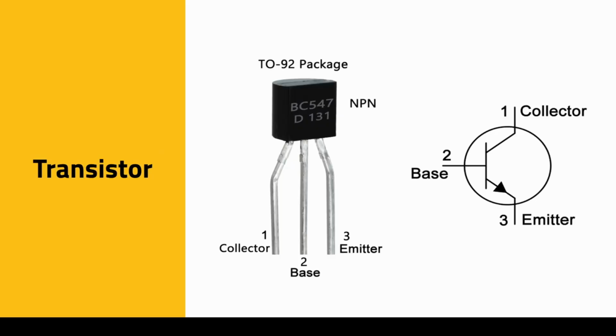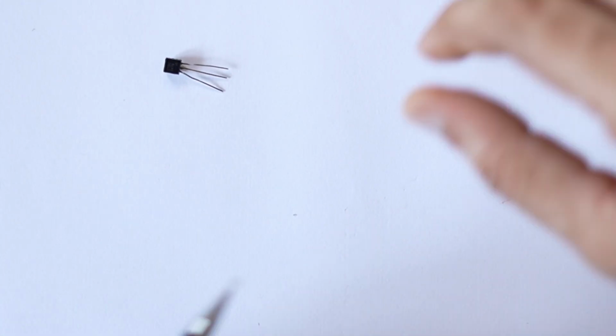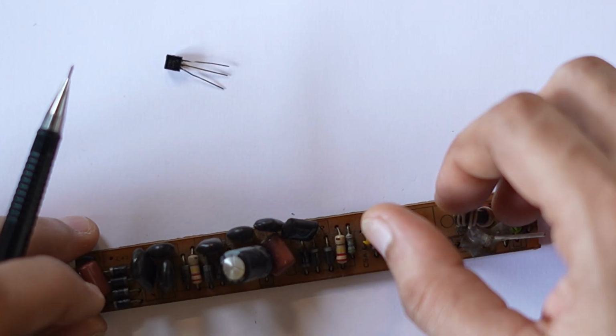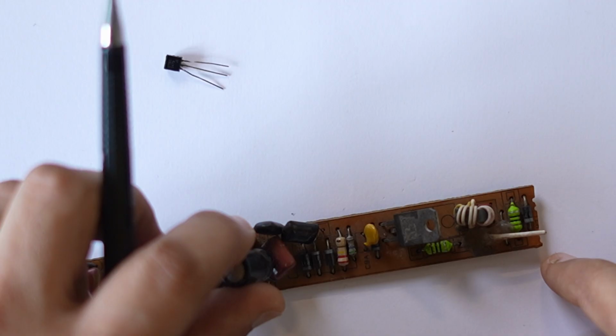So on the screen I have this typical BC547 transistor, and you can notice the number TO92, that refers to the size and the dimensions of the package that it's created in. So this package is a TO92 package. This one, the big transistor that you saw, this is the TO220 package, right?